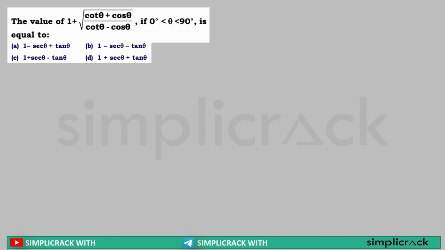Got it? Next. Now in this question it is said: square root of (1 plus cot theta plus cos theta) by (cot theta minus cos theta). What is the value? Sir, let's write cot theta as cos theta by sin theta, plus cos theta, divided by cos theta by sin theta minus cos theta. You can do it this way, or the best part is you can simply write it this way. Sir, here we can see directly that cos will be common.